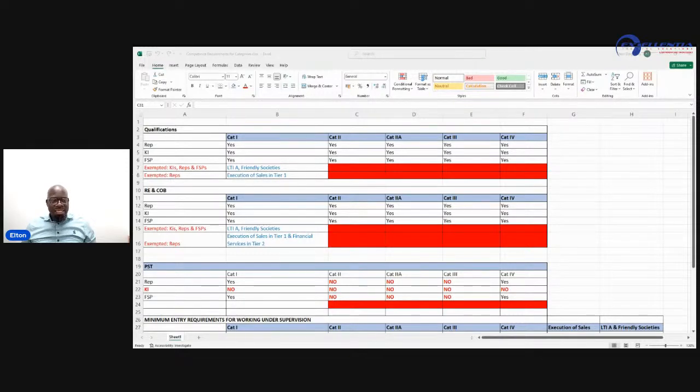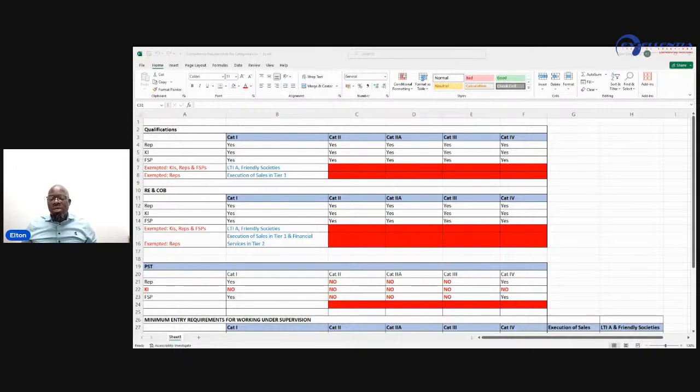And that's why you can see on all categories here, your requirements apply everywhere. Okay, but that's an unsafe statement because the qualification requirement will not apply to certain category 1.